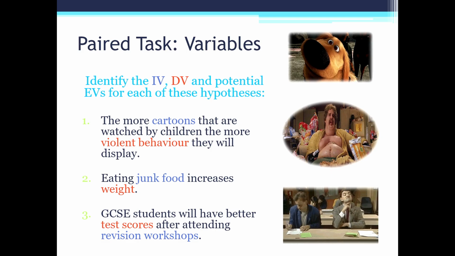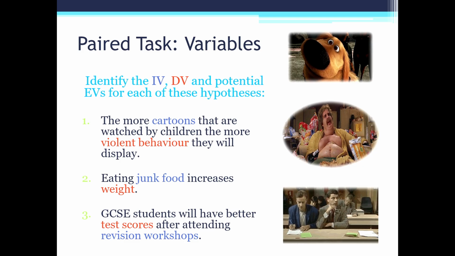Whereas a potential extraneous variable that could have an impact on violent behaviour that's got nothing to do with the IV might be something like parenting or peers, or if they are naturally that way. There could be lots of reasons why they're violent or not violent. It might be nothing to do with the cartoons. So we might not be able to establish that cause and effect relationship if we've got all these EVs.